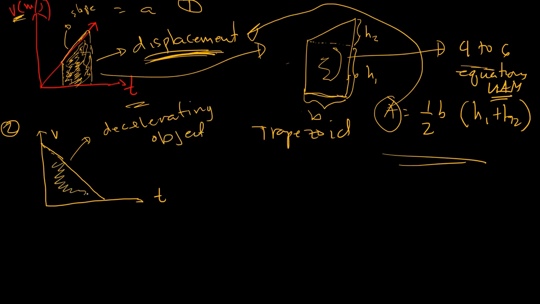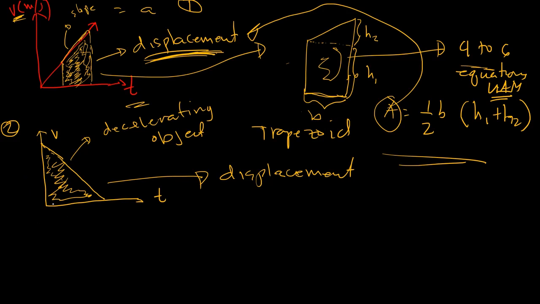Now, the area under this velocity time graph can also be represented by, again, displacement. So the slope is for acceleration, but the area under this line is for displacement.